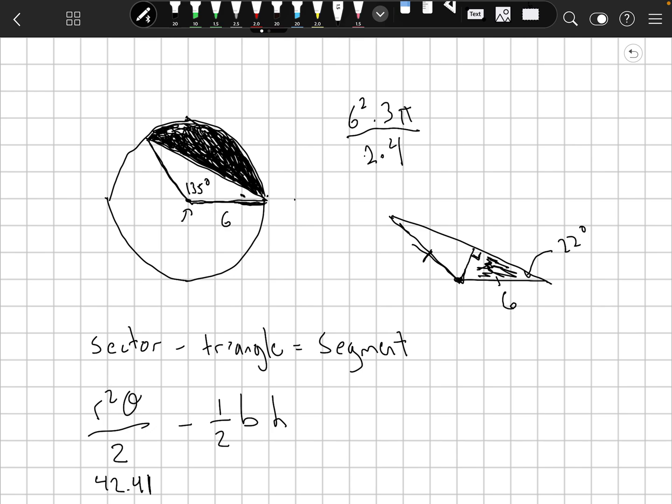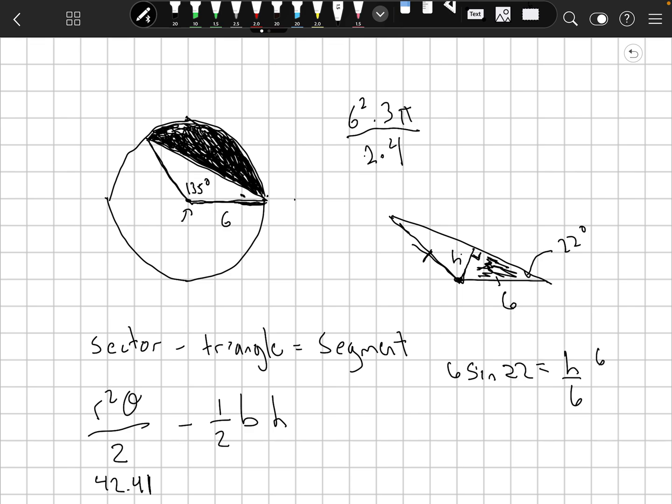Now, believe it or not, we're going to have to use the old trigonometry to figure this out. We need to find the height, so we'll call the height h. We've got the hypotenuse, and the height is the opposite, so we're going to use sine. Sine of 22 degrees equals h over 6.